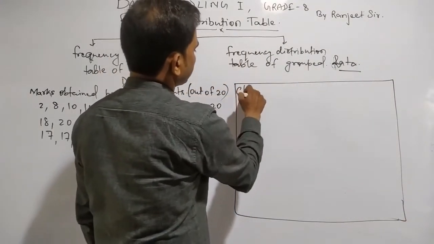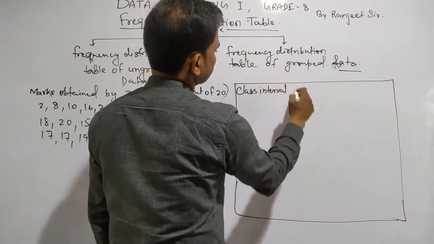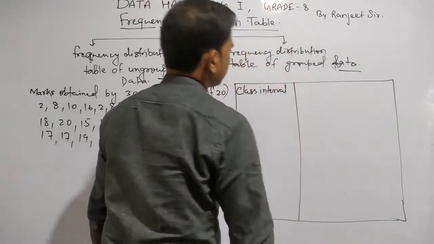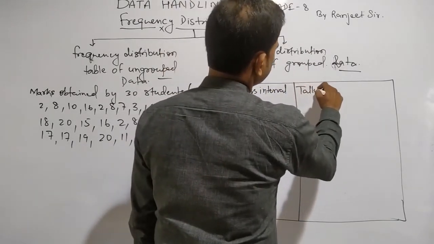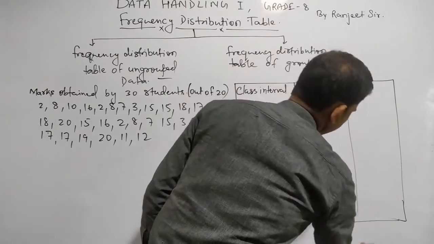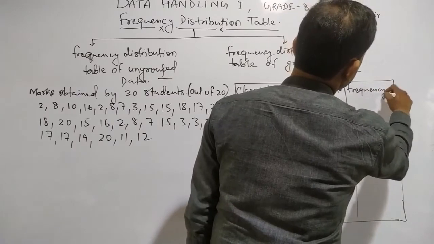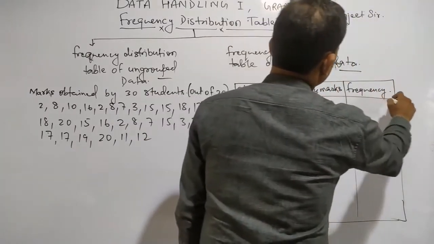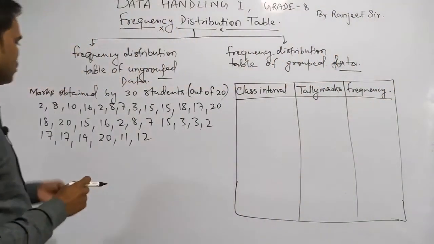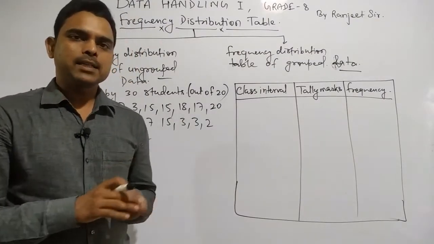Here I'll write class interval, which is required. After that, tally marks once more. Tally marks always keep in the middle, and in the last you will write frequency. You will make a group, like a group of 5 or 10, in this way.